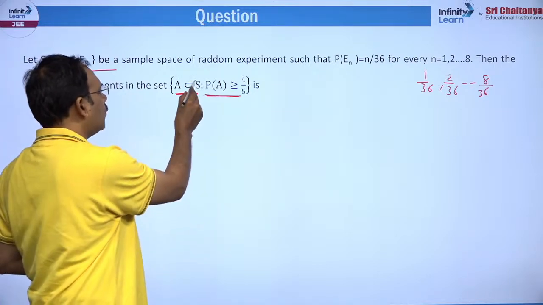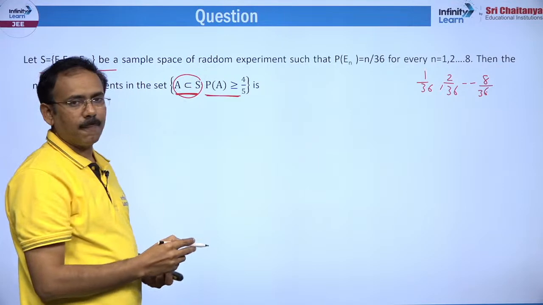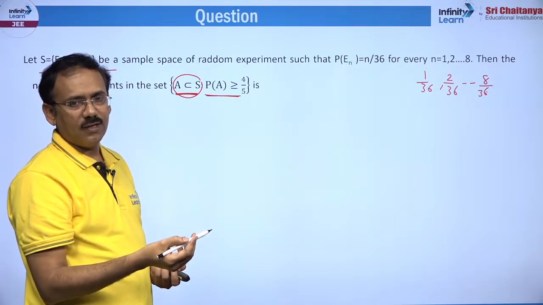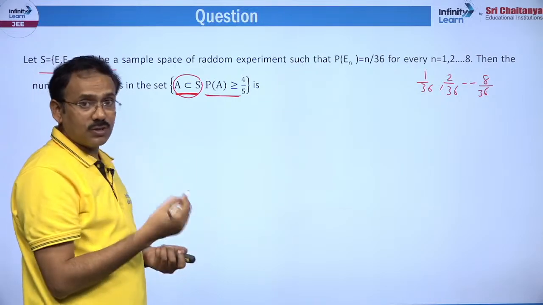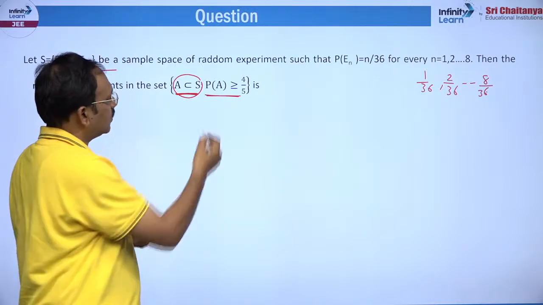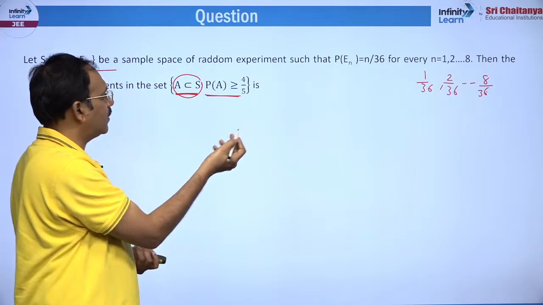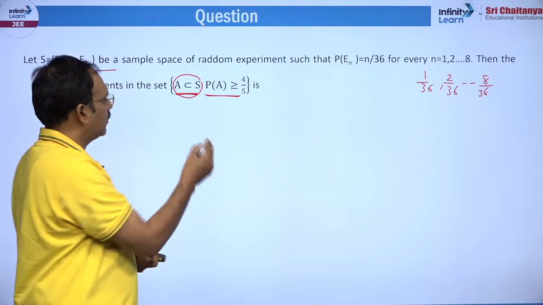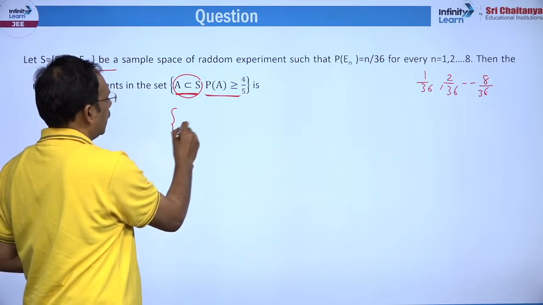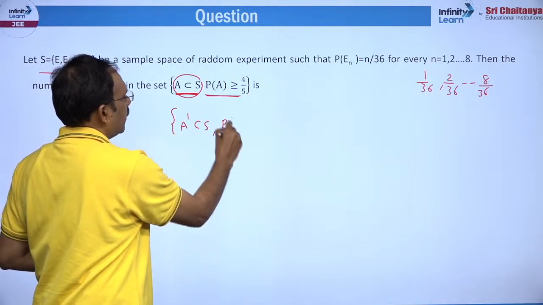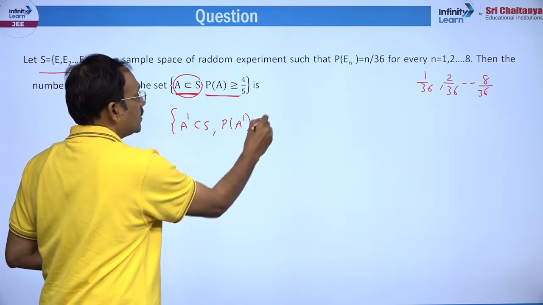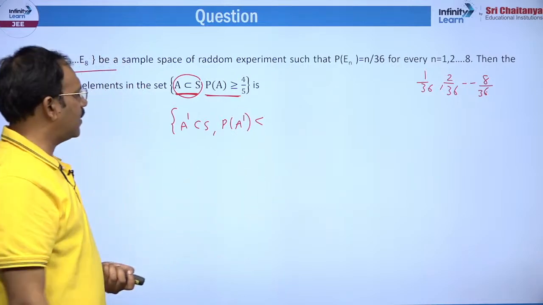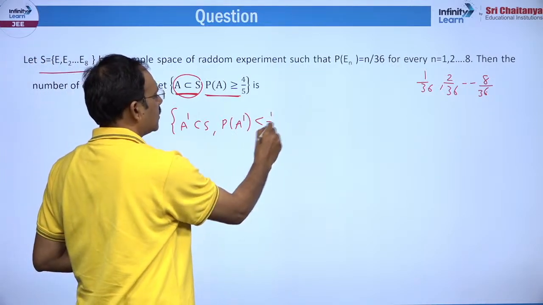If you just count those subsets where probability is greater than 4 by 5, why do you not compute it through the complement, A complement? So, you can also collect A dash, subset of S, where probability of A dash is 1 minus P of A, which is less than 1 by 5.